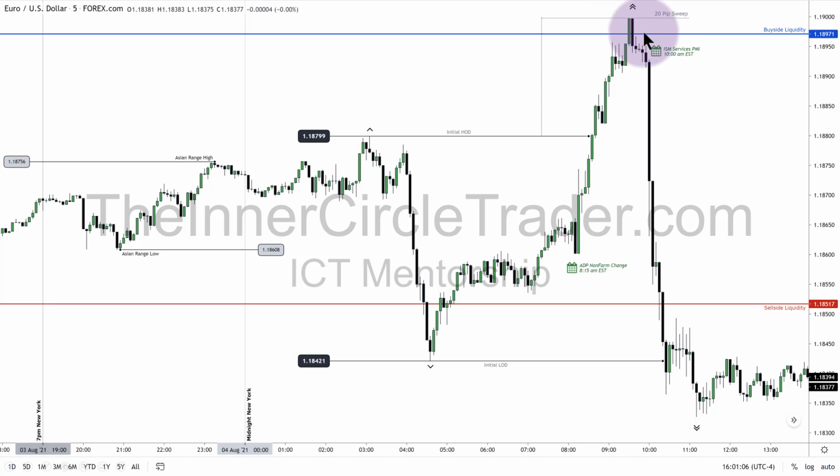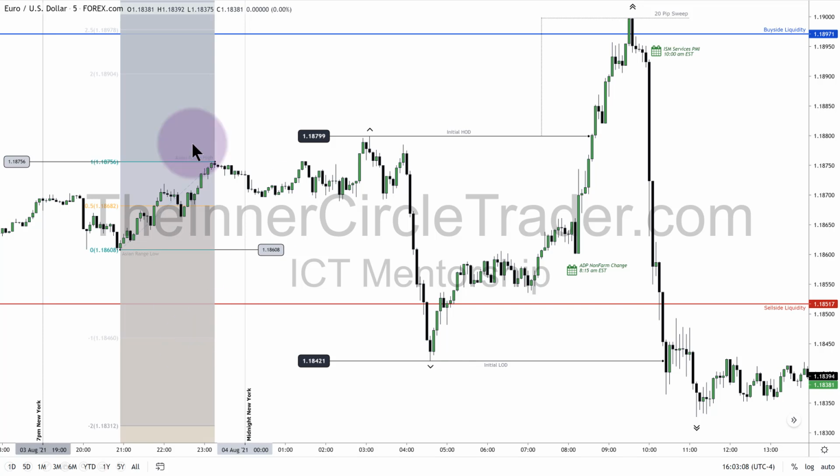It's the purge of the liquidity above this level on the hourly chart ahead of the ISM PMI number. The initial number here came out that was poor for dollar, sent price up. It swept the buy stops. Then they released data that was strong for dollar, and then you have this displacement on the downside attacking the sell side liquidity.